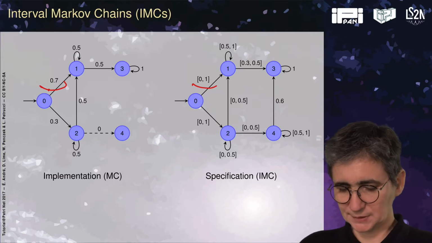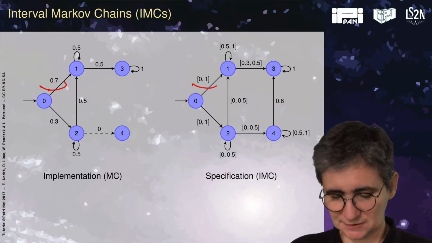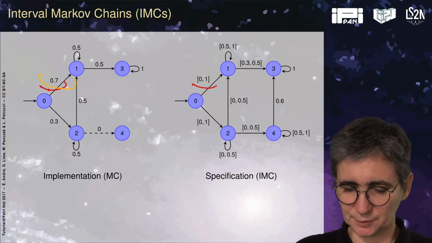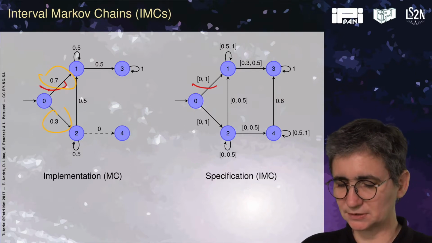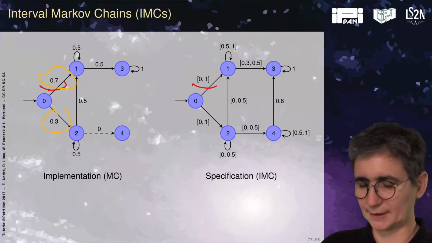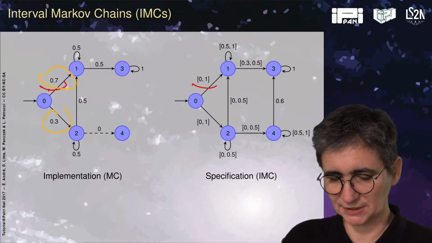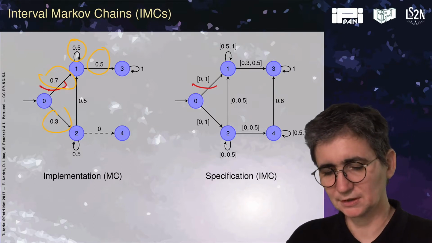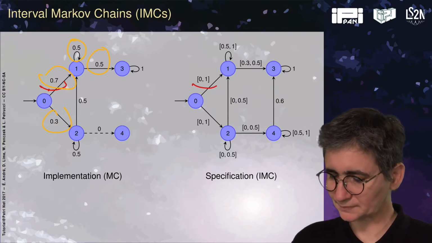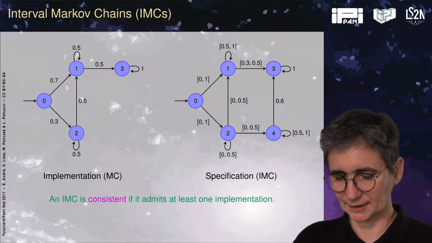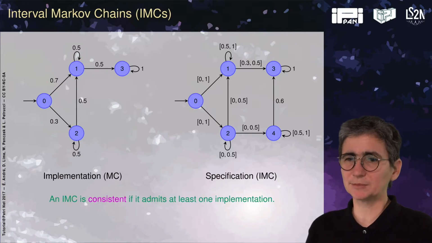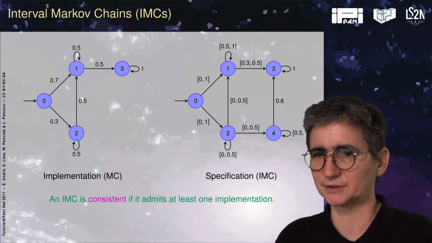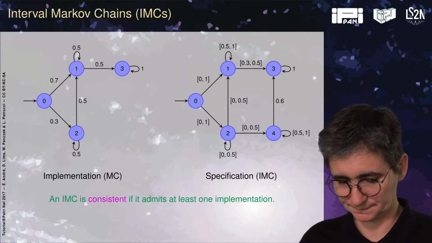Moreover, the implementation satisfies that the sum of exiting values from a location is always 1. So this is the case for exiting 0, it is also the case for exiting location 1, etc. So we say that an interval Markov chain is consistent if it admits at least one implementation, which is the case here.